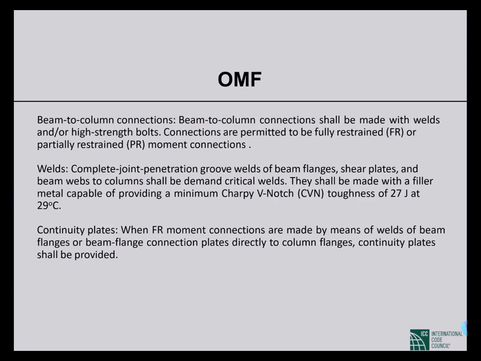A little bit different. Previously, we talked about 27 joule at 18 degrees centigrade. It is 27 joule at 29 degrees centigrade. So when we provide filler material of this toughness, that is called demand critical welds.